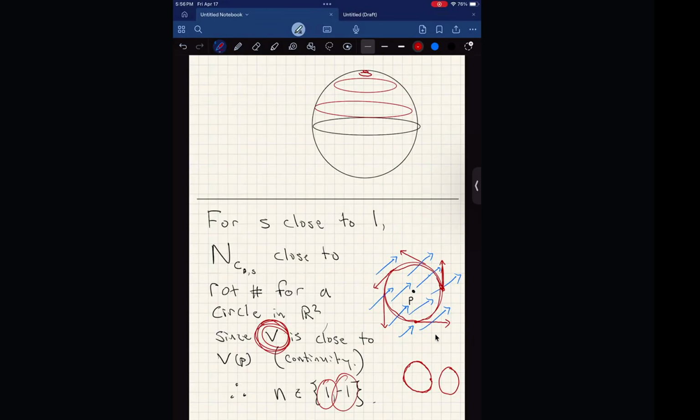Probably they're all sort of equivalent, and maybe I've seen this before. I'm not sure I know an argument that I could tell you off the top of my head, passing from this to the Brouwer fixed point theorem, or vice versa.